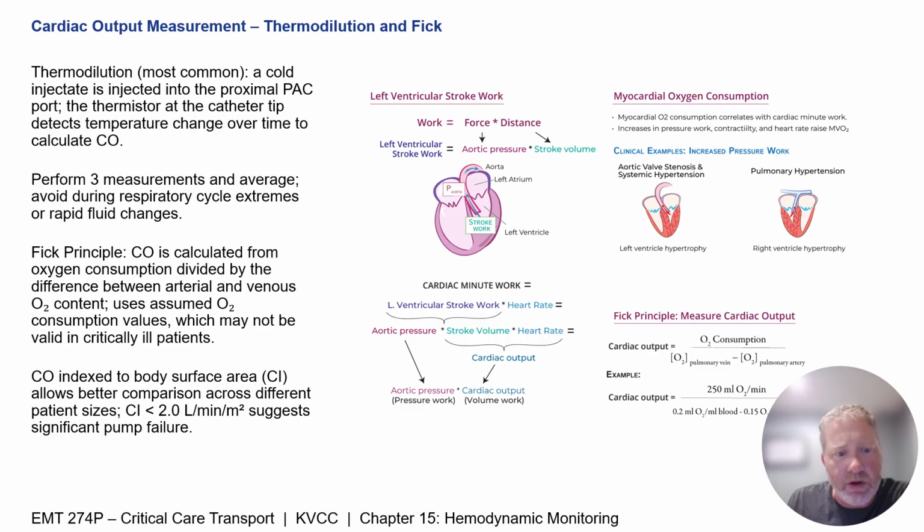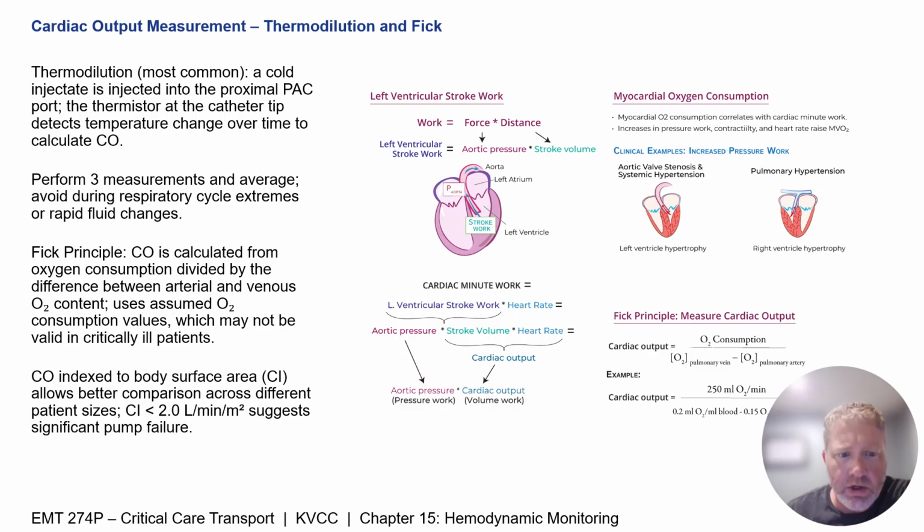The Fick principle is based on oxygen consumption and the difference between arterial and venous oxygen content. In clinical transport practice, thermodilution is far more common than a true measured Fick calculation. Cardiac index is often more useful than raw cardiac output because it adjusts for body surface area and better reflects the adequacy of perfusion for the patient's size.